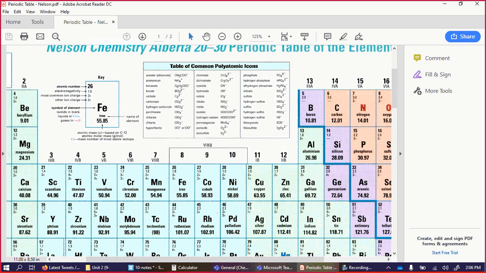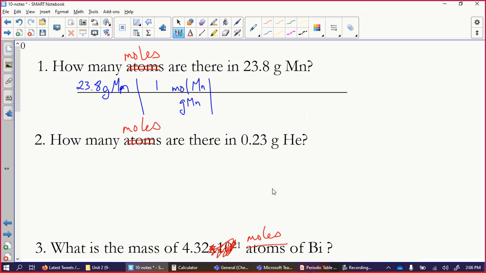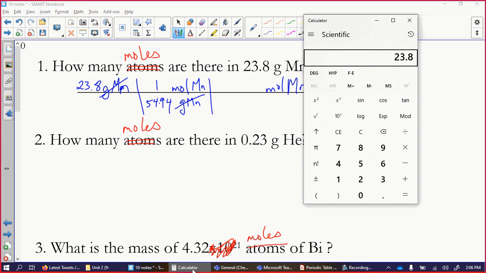All of the molar masses on the periodic table are to 2 decimal places, so we'll talk about that in a minute. So 54.94 grams of manganese cancels with grams of manganese, and we would be left with a number of moles of manganese. Now it's just 23.8.